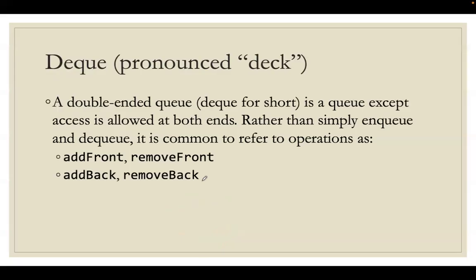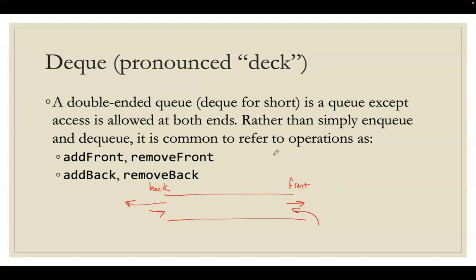We can also extend this to be a deque, which is a double-ended queue. Instead of just adding to the back and removing from the front, we could also add to the front and remove from the back. So that's possible too.